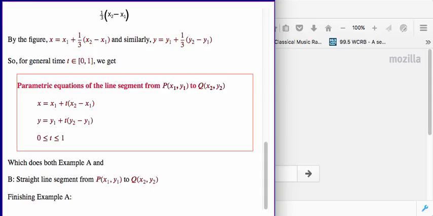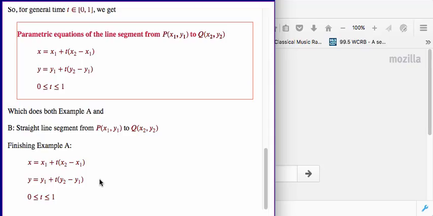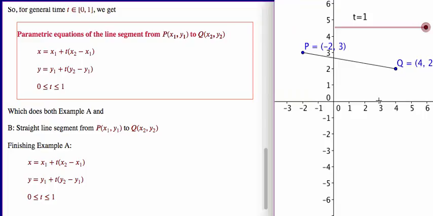All I do is take these equations. What I'm going to do is just copy them and paste them, these equations that are sitting over there, and then just put in the values. Now, example A had this very specific P and Q. So x1 is -2, and x2 is 4.